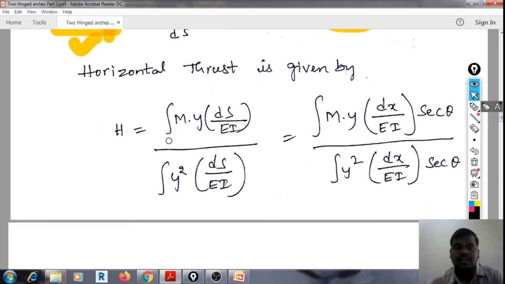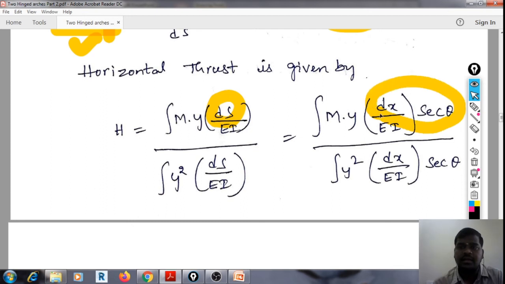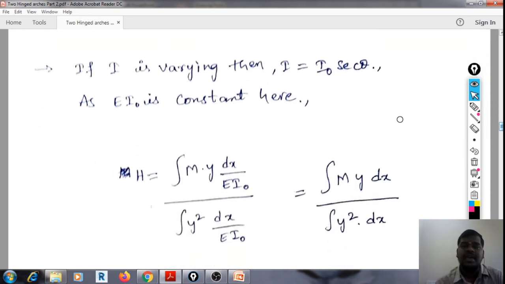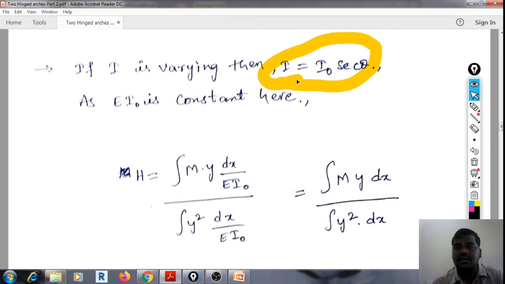In the horizontal thrust, if we substitute in the place of ds, dx secant theta, then by cancelling secant theta in numerator and denominator, and considering I as I naught secant theta in a parabolic arch, this will vary only when I is varied.